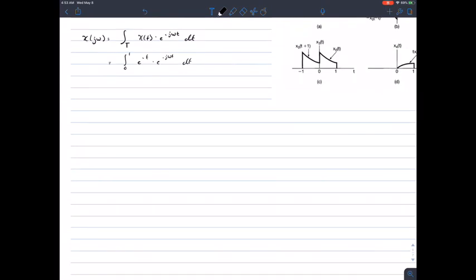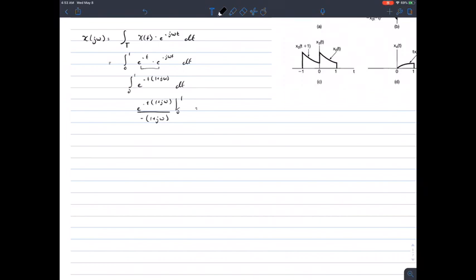Alright? So that's going to be e to the negative t, 1 plus j omega, these two simplified, 0 to 1 dt. So e to the negative t, 1 plus j omega from 0 to 1 all over negative 1 plus j omega.